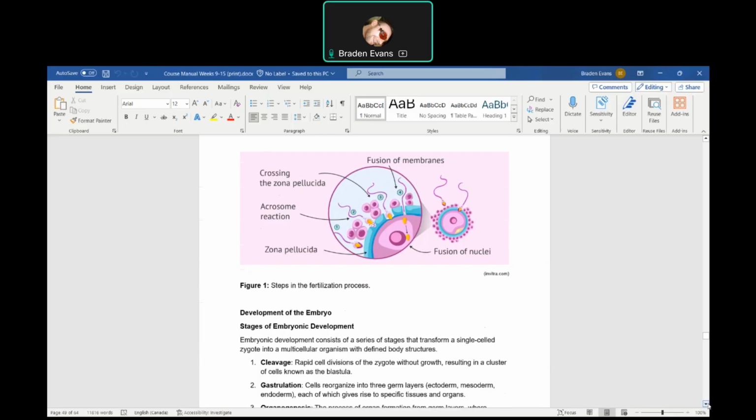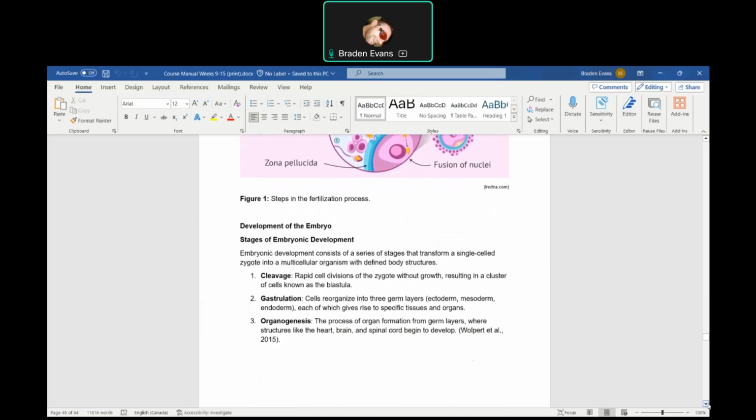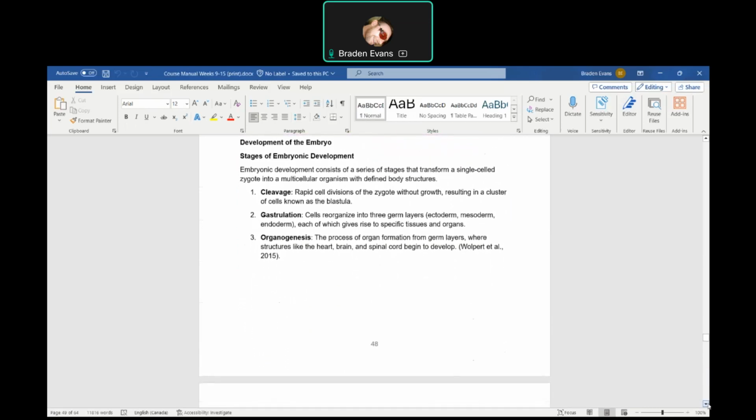Those little balls on the outside are part of a layer called the zona pellucida. That's like a protective coating that protects the egg, and it selectively lets the sperm in. And then you have membrane fusion, the nuclei combine, and you've got this diploid zygote, ready to rock and develop and split.